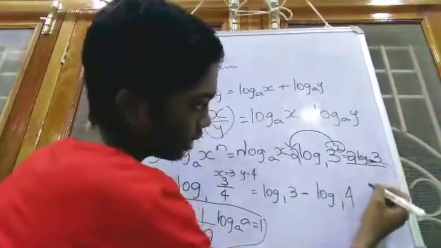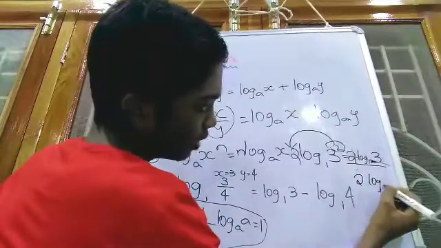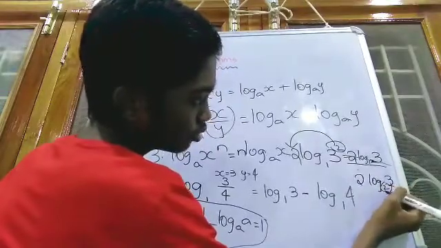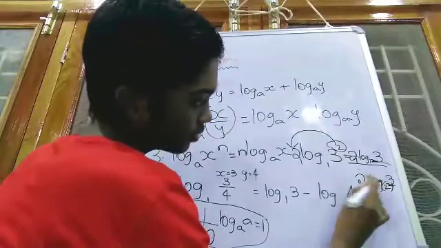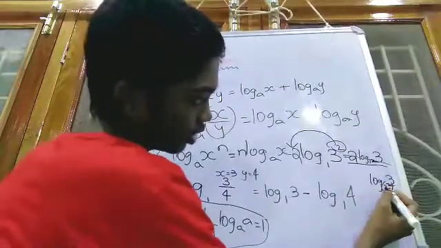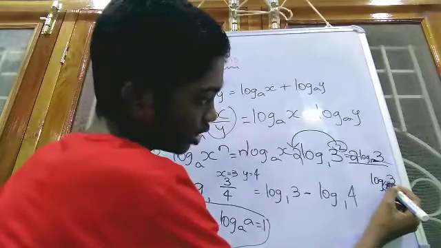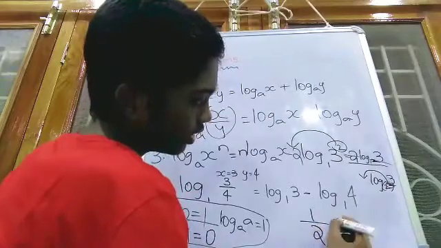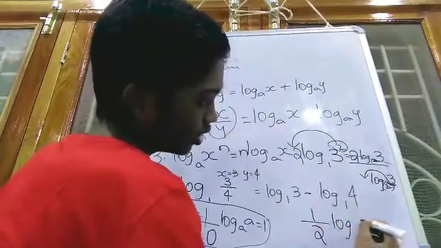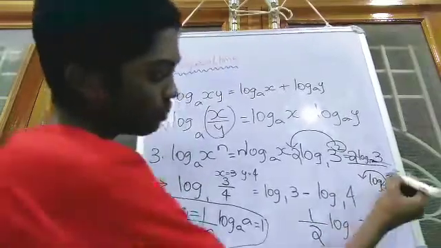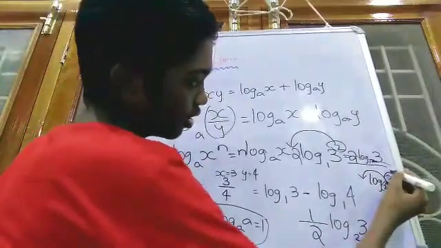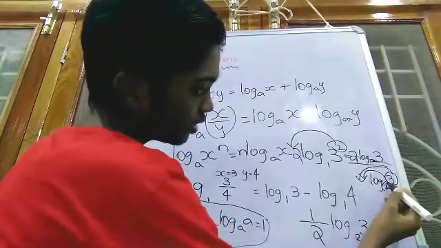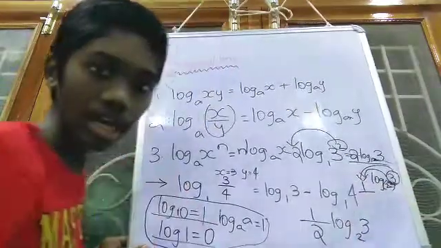If the power is on the base, for example log 3 to the base 2 square, here the power is on the base, then this 2 will come here, but it will come as 1 by 2 log 3 to the base 2. If the power is on the result, then the actual power will come. If the power is on the base, then 1 by that number will come before the log.